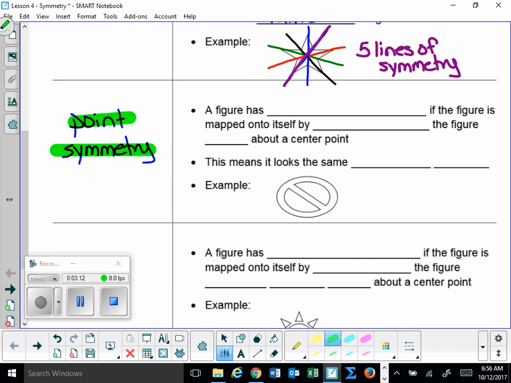A figure has point symmetry if it is mapped onto itself by rotating exactly 180 degrees about a center point. So really this means it looks the same upside down.